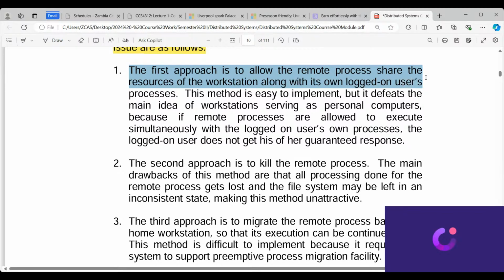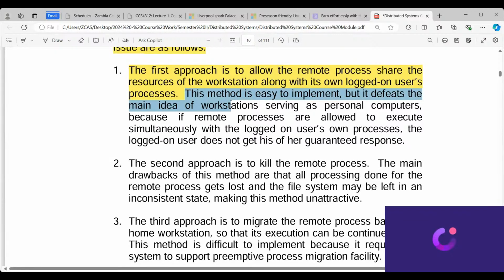So the first approach is to allow the remote process to share the resources of the workstation along with its own logged on user's processes.